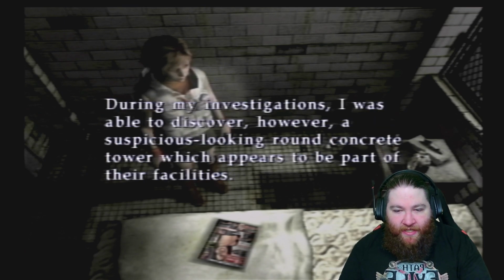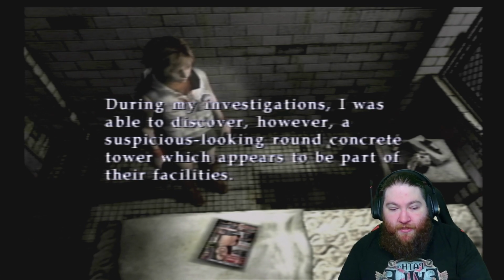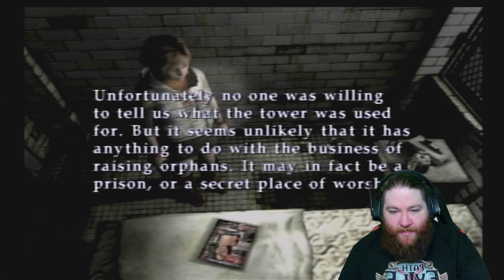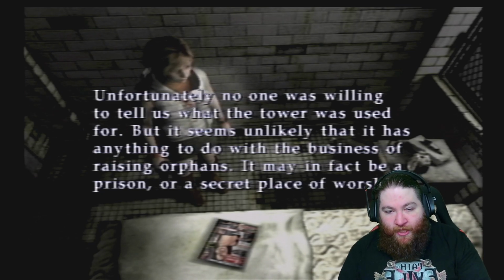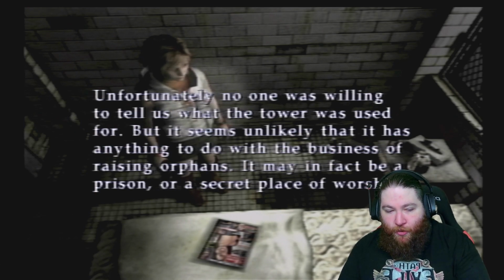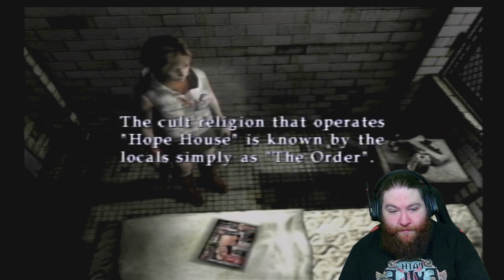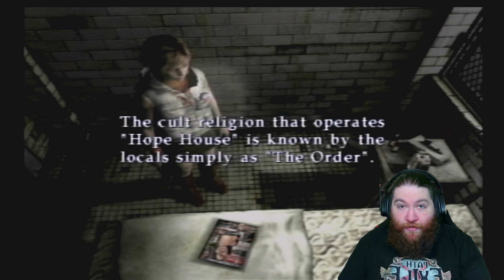During my investigations, I was able to discover, however, a suspicious-looking round concrete tower, which appears to be part of their facilities. Unfortunately, no one was willing to tell us what the tower was used for, but it seems unlikely that it has anything to do with the business of raising orphans. It may in fact be a prison or a secret place of worship. Cult religion that operates Hope House is known by the locals simply as the Order.